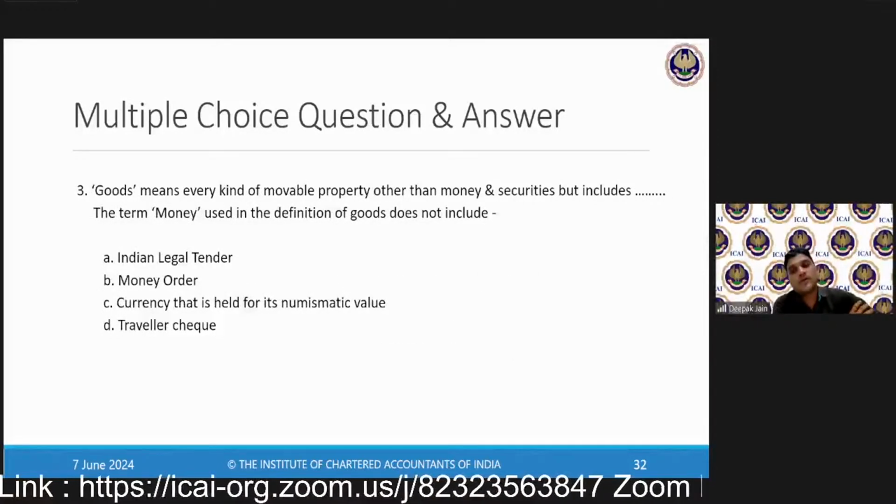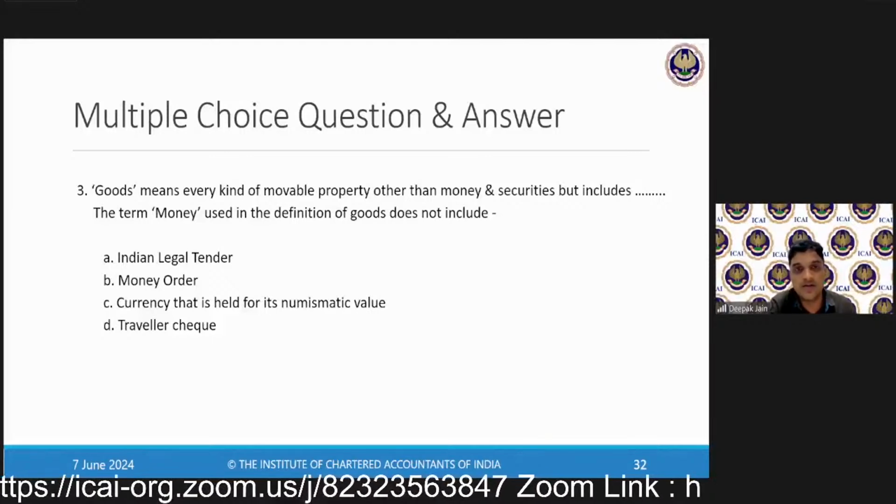Goods means every kind of movable property other than money and securities, but includes so and so.